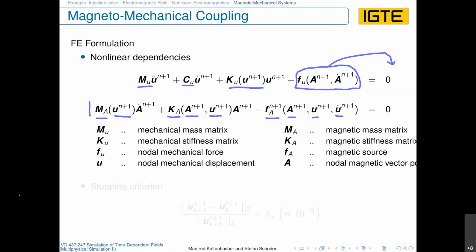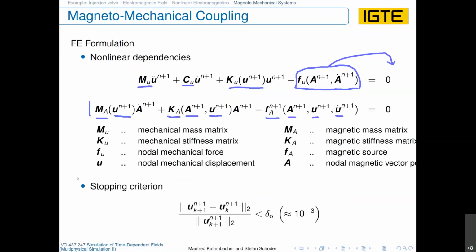Which means, very similar as when you solve a nonlinear single partial differential equation, we will also need here a stopping criterion in order to know when we can go on to the next time step.